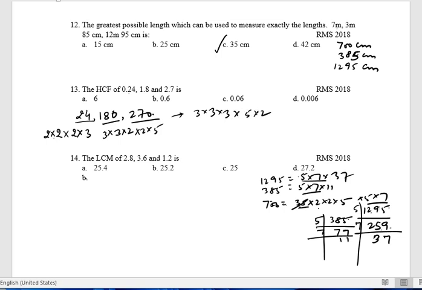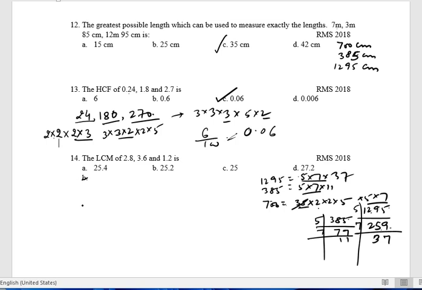So what is common here? How many 2s are common? Only one 2 and one 3. Here 2 3, here 2 3 and here 2 and 3. So this is common. So HCF is 6. We had multiplied the numbers by 100, so we have to divide by 100. So it will be 0.06. I hope it is clear.